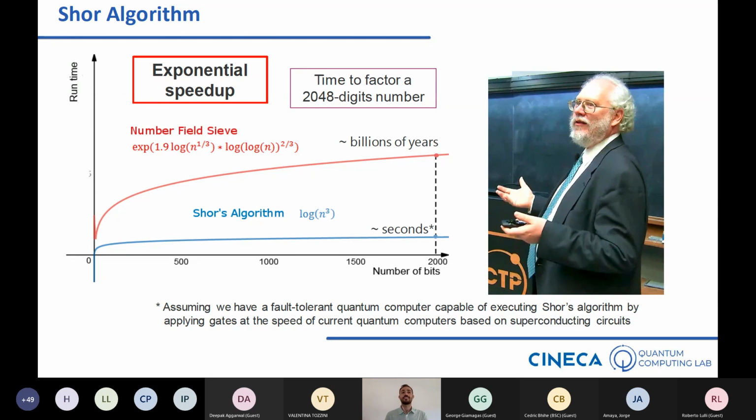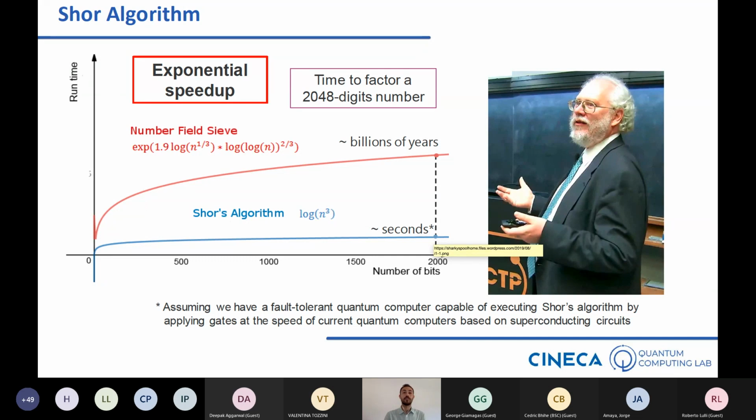So given these assumptions of fault tolerance, large scale, and a speed in accordance with today's, the Shor algorithm will only take seconds.